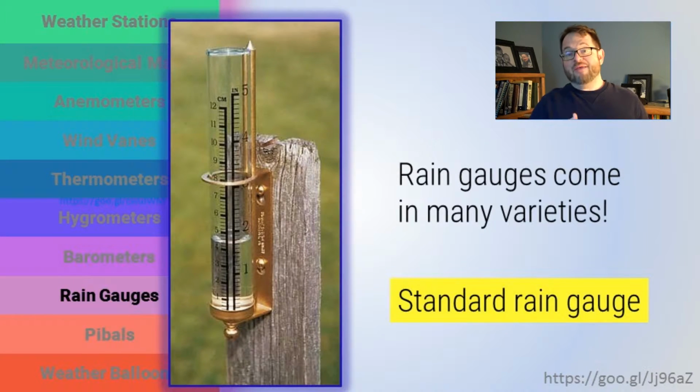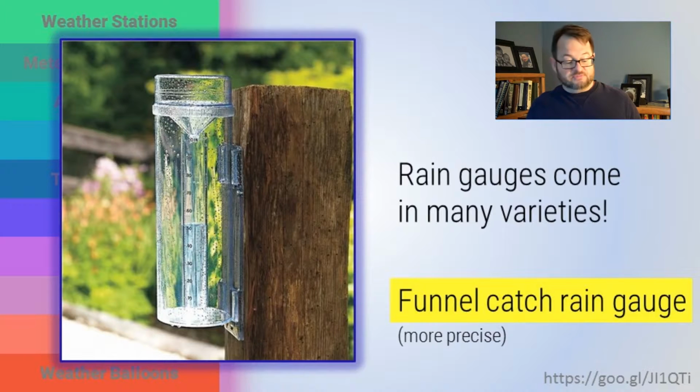rain gauge. You'd be way better off, if you're trying to get precise measurements, by using a funnel catch rain gauge. This is one where there's that big wide opening at the top of the rain gauge that captures a large amount of rain and then deposits it into a cylinder, which is graduated, but the markings are much farther apart, for their scale.